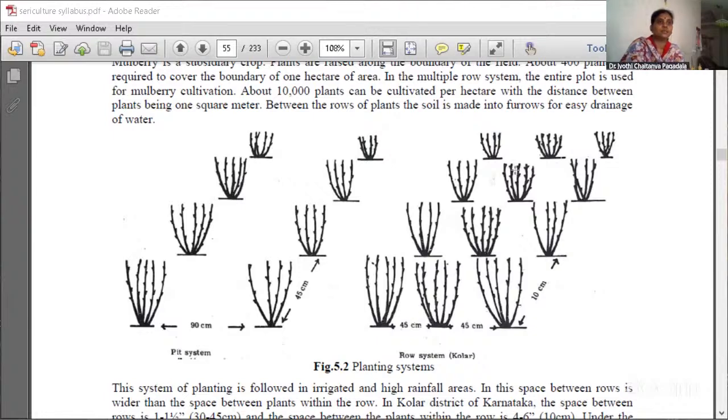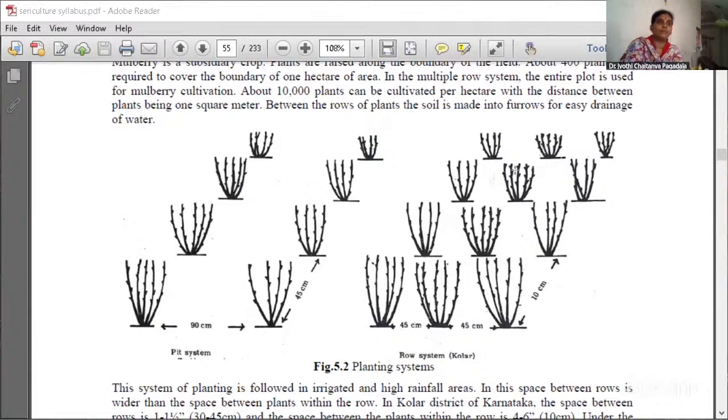This is achieved by applying 2 doses of nitrogenous fertilizers such as ammonium sulfate and or urea: the first application at the rate of 25 kg per hectare after 2.5 to 3 months of growth, and another 40 kg per hectare as the second dose after an interval of another 3 months.